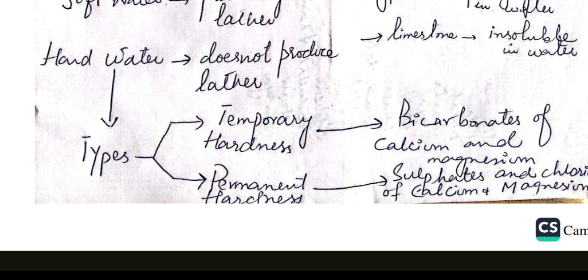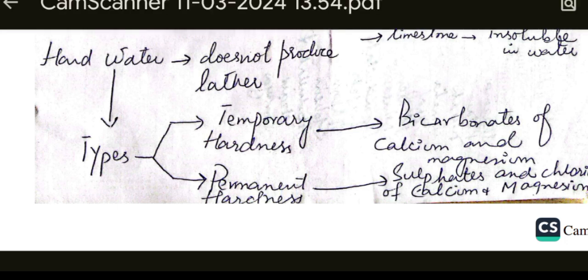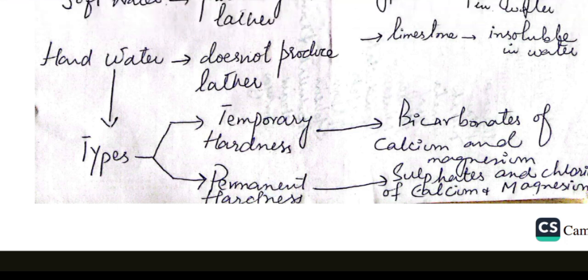In temporary hardness, we have the bicarbonates of calcium and magnesium, and in permanent hardness, there are sulfates and chlorides of calcium and magnesium. The elements in both are similar, calcium and magnesium. The only difference is that temporary hardness has bicarbonates and permanent hardness has sulfates and chlorides.